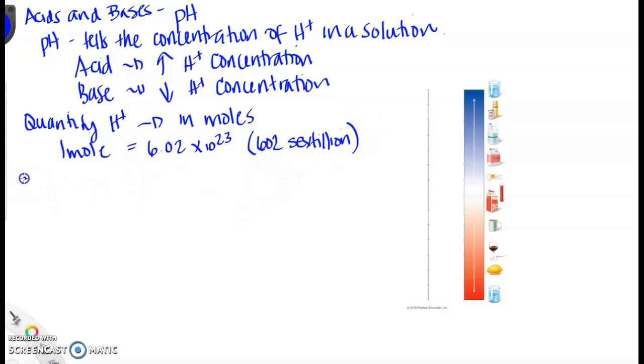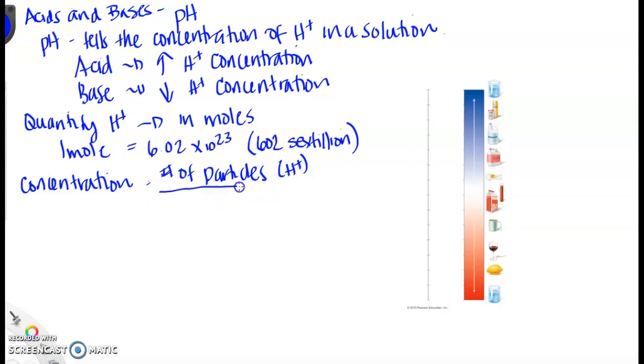So when we're looking at the concentration of, let's say, hydrogens, hydrogens are in a solution, right? So we look at the number of particles, which would be hydrogen, per volume of that solution, which in this case would be water.